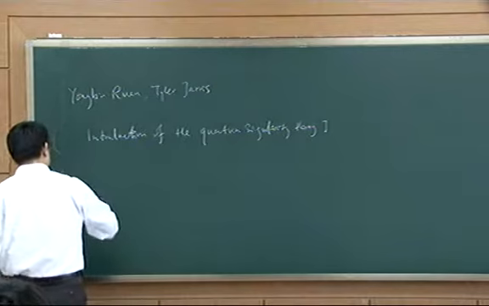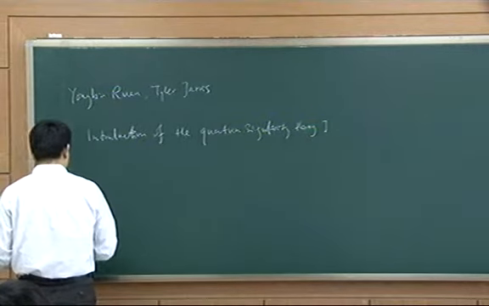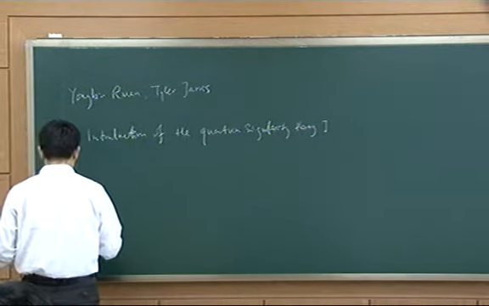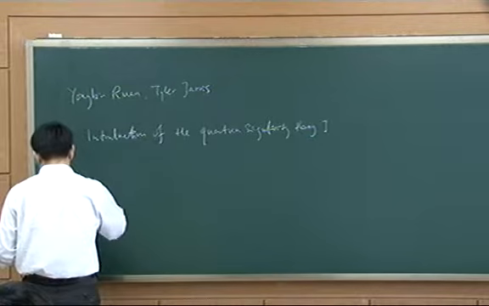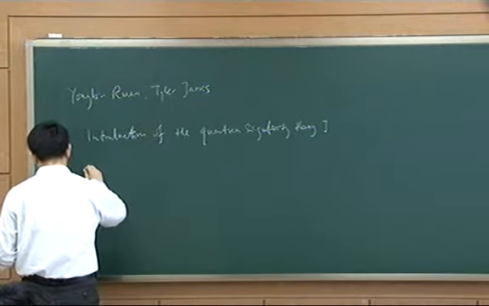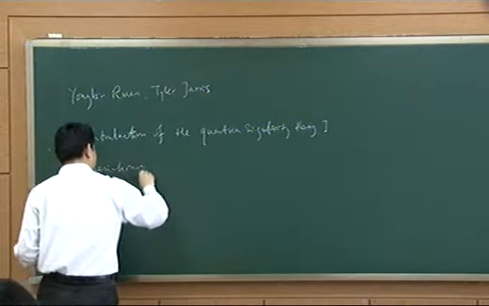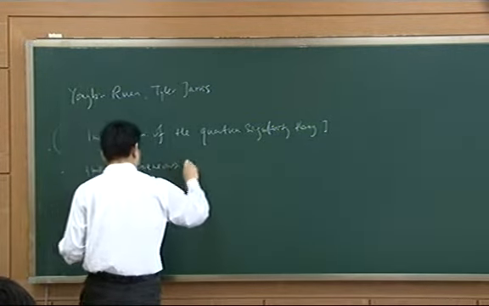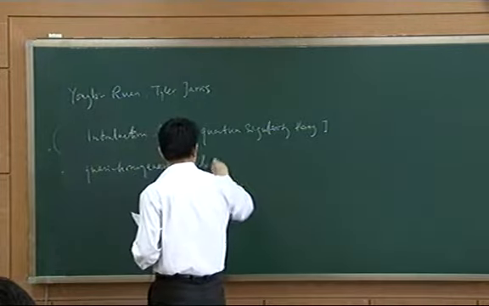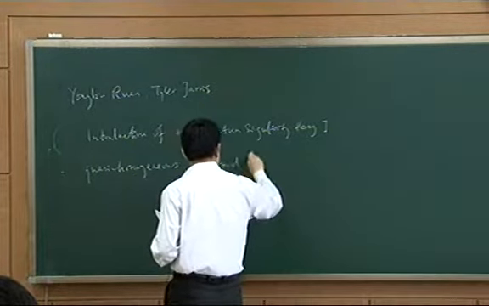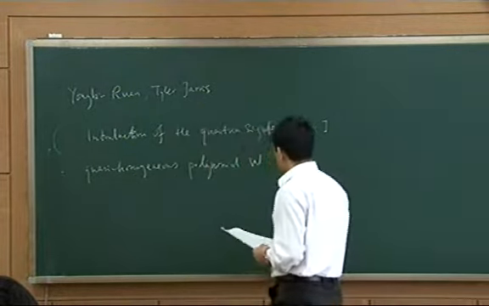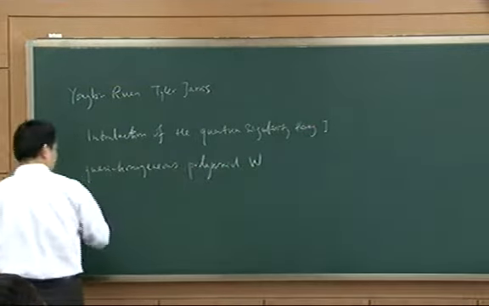So actually every piece of information is included in a very simple object called a quasi-homogeneous polynomial, W. So what is a quasi-homogeneous polynomial?